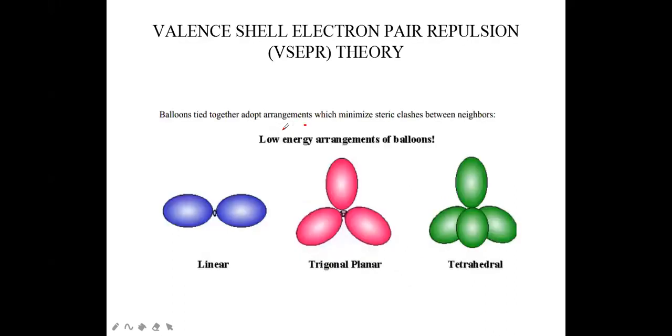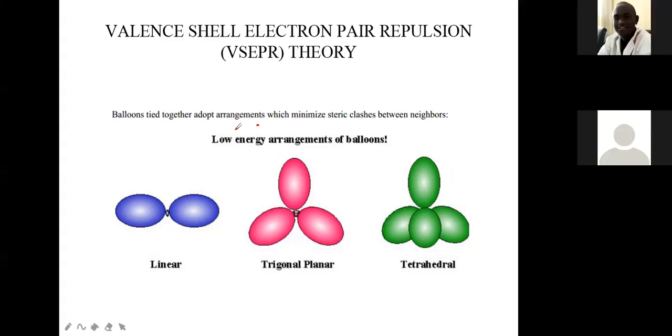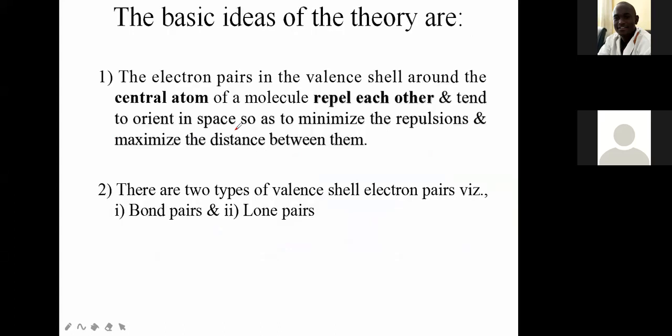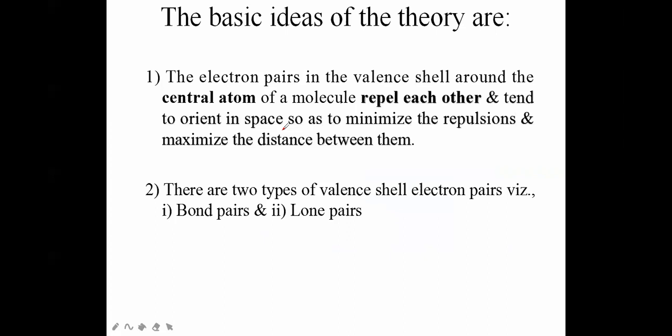Now, VESPA tells us that an electron pair has got a greater repulsion for an unshared electron. A lone pair has got a greater repulsion for shared pairs. From the slide we're seeing here, the electron pairs in the valence shell around the central atom of a molecule repel each other, because they are all negative.